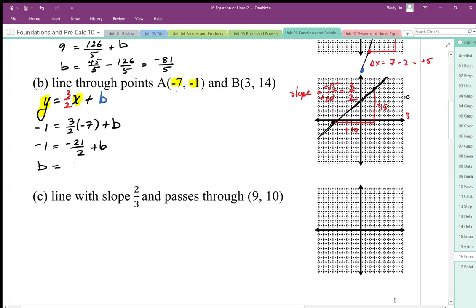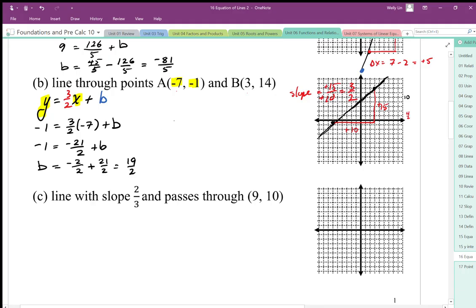Solving for b, I'm going to make it a common denominator, -2 over 2 plus, I'm going to add 21 over 2 to both sides. So I end up with +19 over 2 as my b value.